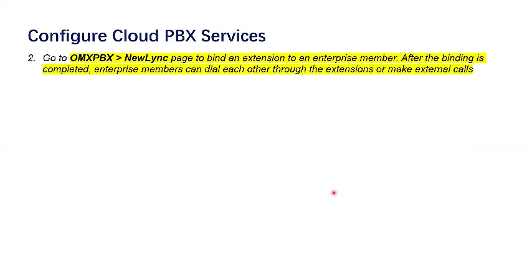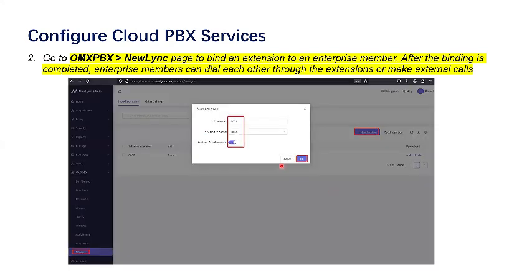Okay, so after that, you can go to OMPBX, then Newlync. Then you can bind the extension to the enterprise number. So here I'm 8000, then I select the name, and you can bind this one by simply enabling the Newlync simultaneous button. So after binding that, the enterprise members can dial each other. They can dial the extensions, or they can also make external calls using the trunk that we just created on the SIP trunk on the OMX.